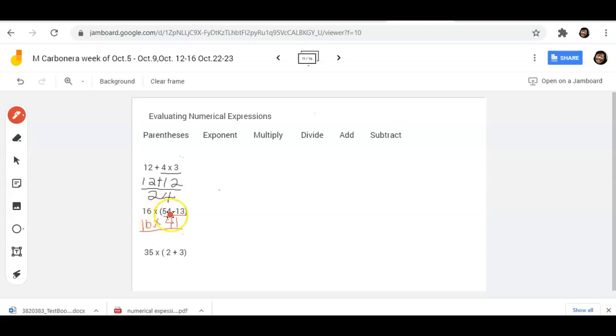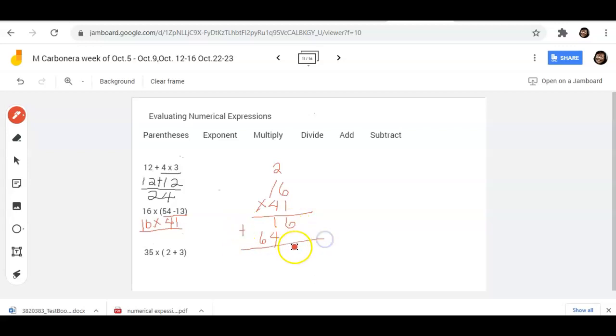And I know you cannot do it horizontally. You're going to do it vertically. So you're going to have 16 times 41. Using the standard algorithm, you're going to multiply 1 times 6 is 6, 1 times 1 is 1, and then 4 times 6 is 24, so we have 4, carry 2, and then 4 times 1 is 4 plus 2 is 6, and you are going to add.